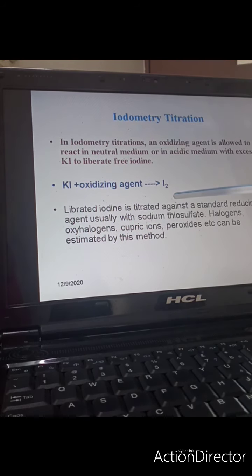Halogens, oxyhalogens, and cupric can be estimated by this method. Precautions have to be taken, because this reaction should take place in such a way that we are able to titrate the liberated iodine. So care has to be taken.